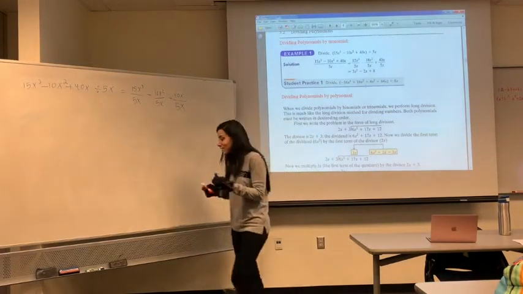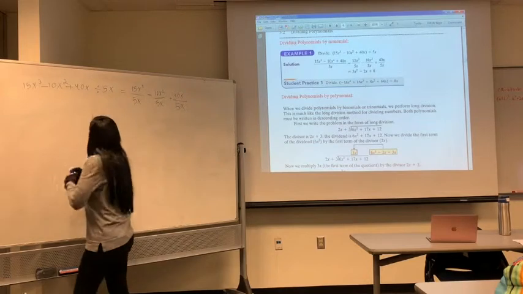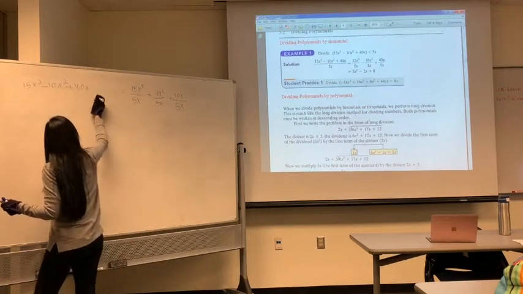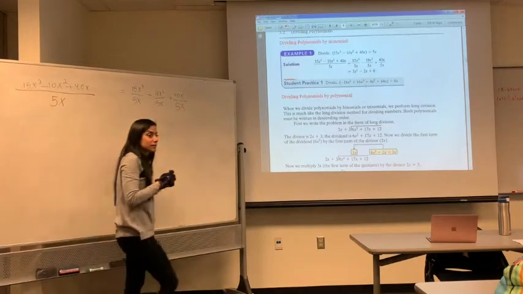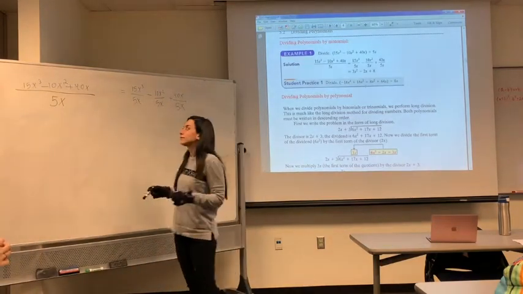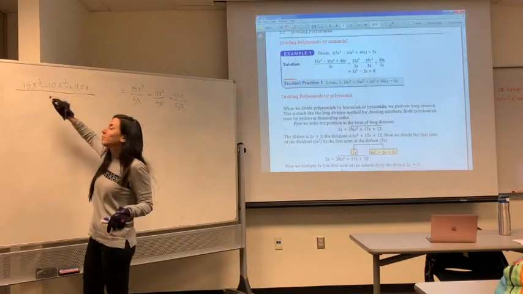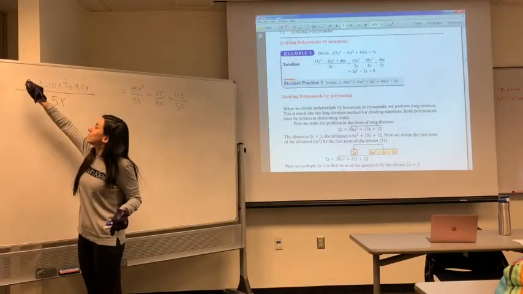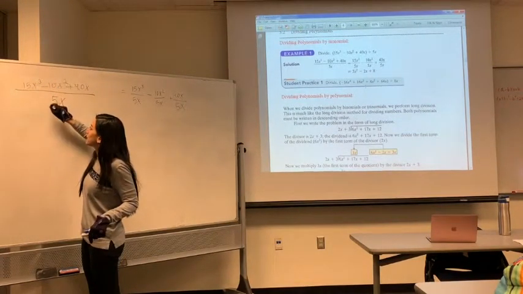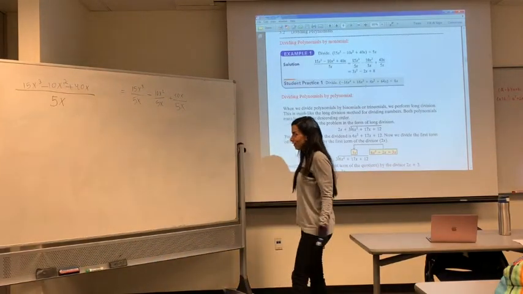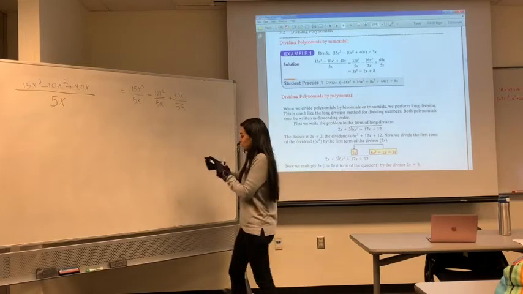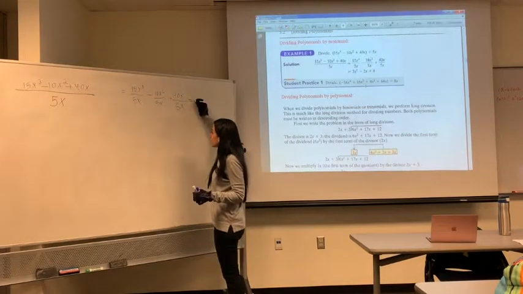Instead of this, we could write down 5x, right? And if we write it in this form, we can easily see that the first term is divided by this one, the second term divided by this one, the third term divided by 5x. So now, let's see what we have here.